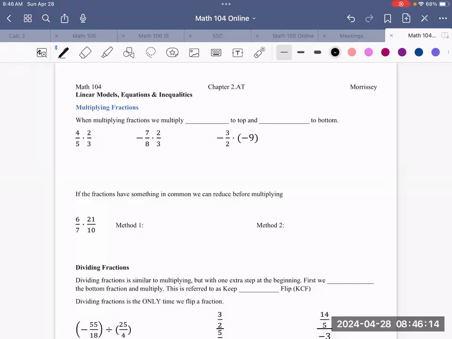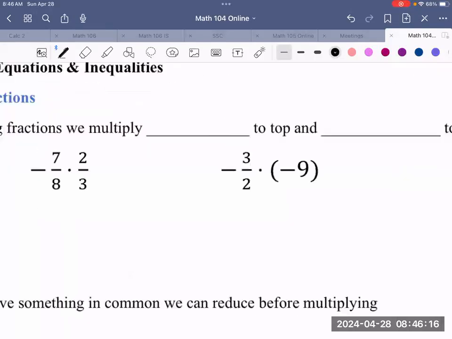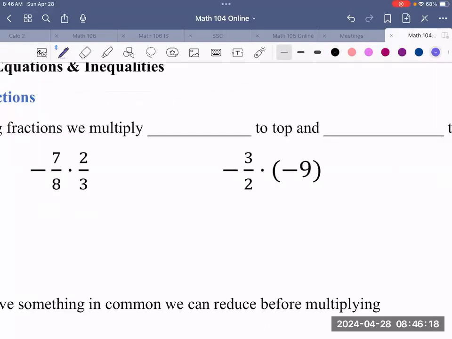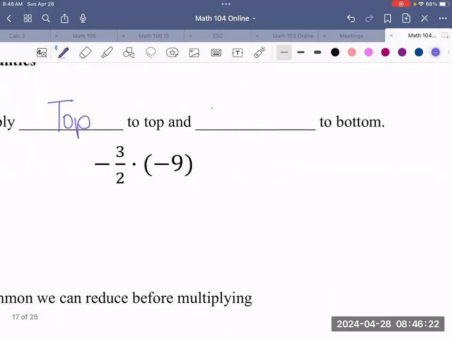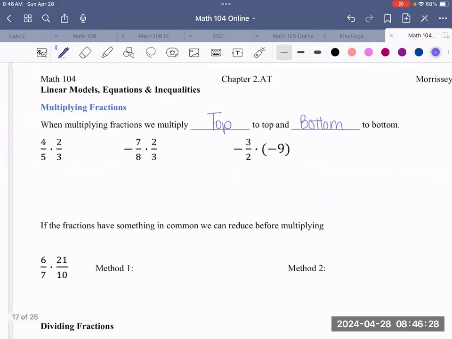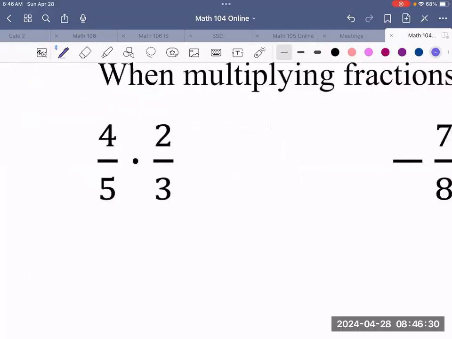So it says when multiplying fractions, we multiply top to top and bottom to bottom. So multiplication, very, very nice. We're just going to multiply straight across.